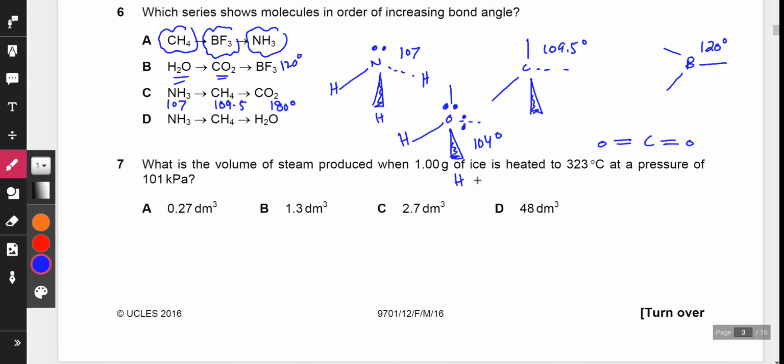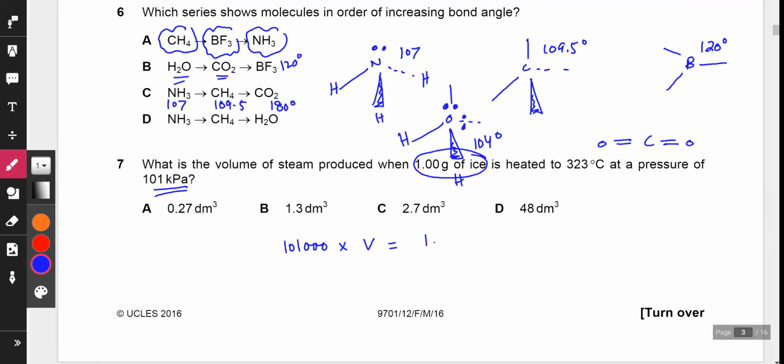What is the volume of steam produced when 1 gram of ice is heated to 323 degrees centigrade at a pressure of 101 kilopascals? This is a question of PV equals nRT. So the pressure is given. So that's 101. It should be in pascals, so that should be 101,000. The volume is not given, so I think they're asking for the volume. n is moles. You can find the moles. How do you find the moles?